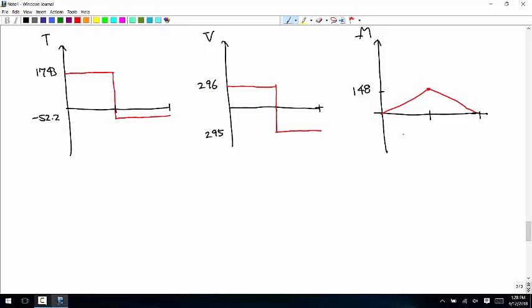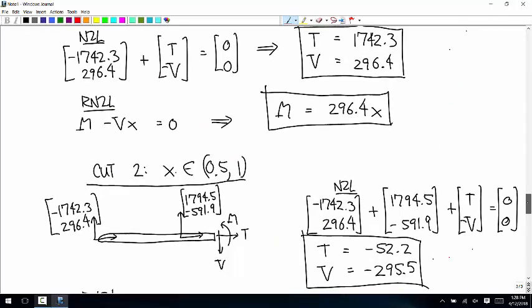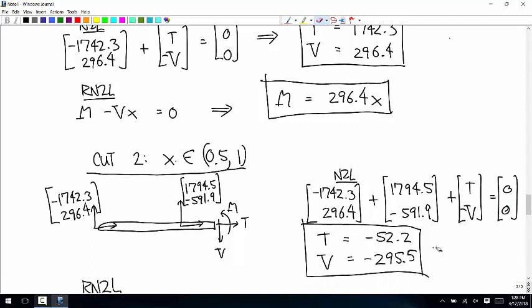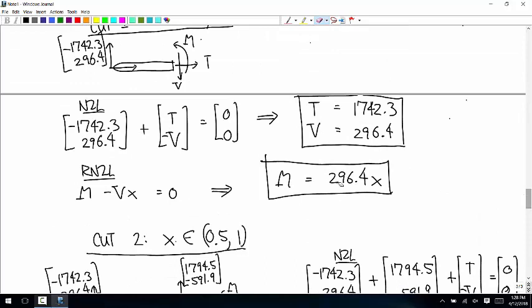Any questions about that? Yeah. Where did you get the 148? A 148. So I just looked at this function. So here's the function on the first half. M is equal to 296.4 times x. That's a linear function, so we know it's a line. And if you know it's a line, then you can just figure out what the values are at the two ends of that interval.